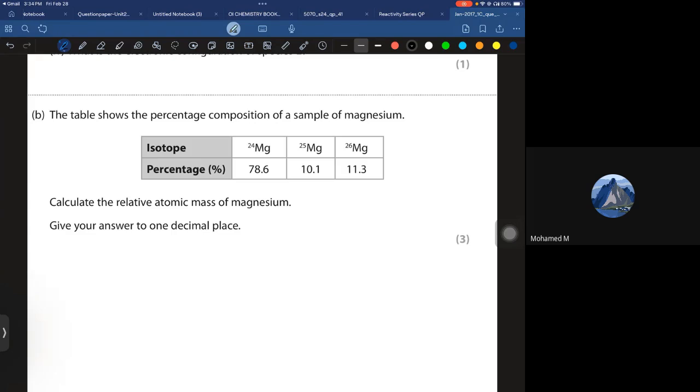Then what do I divide it by? What should I divide it by?